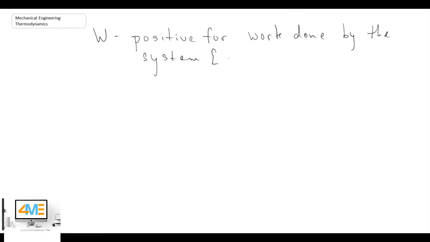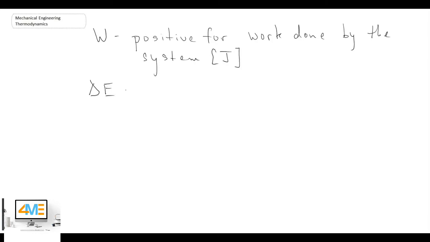Capital W in this equation represents work. And in this case, what we'll do is use the convention of work being positive for work being done by the system. And again, the units here are units of joules.